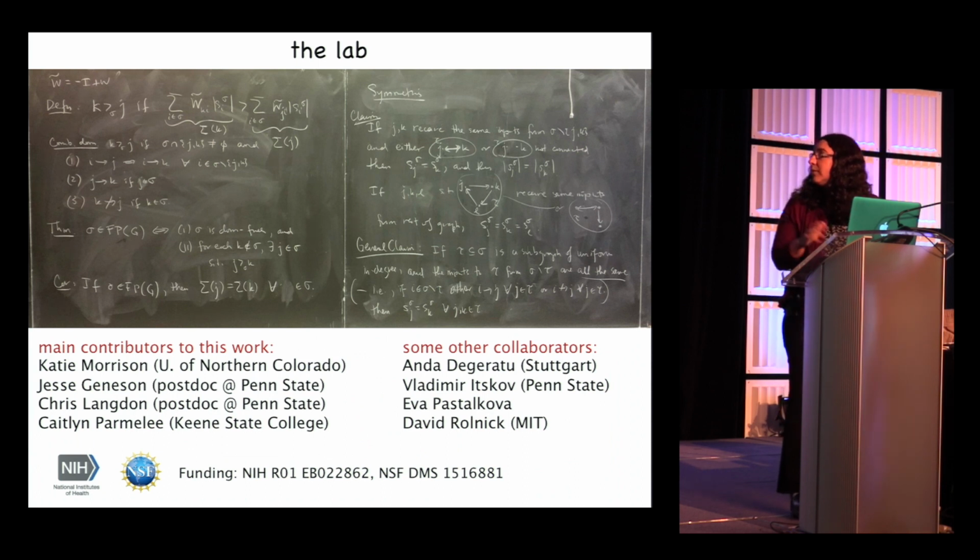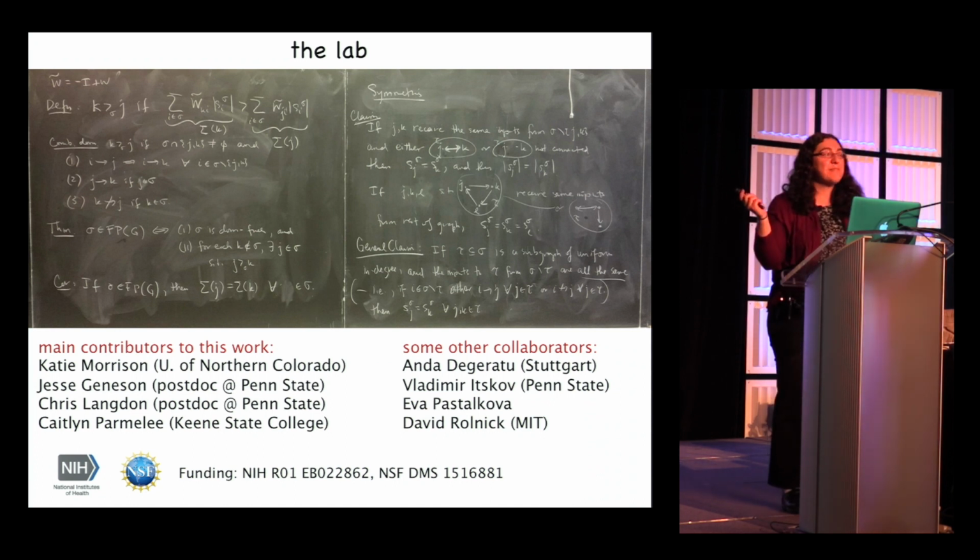Okay, so here's my lab. For those of you who are younger, that's a chalkboard. They still exist in math departments across the country. Most of us are mathematicians, actually, with a few experimentalists.